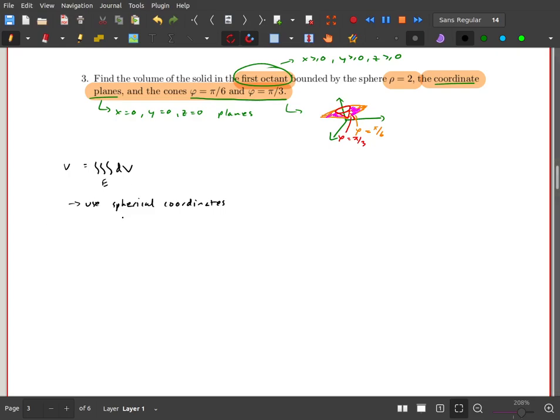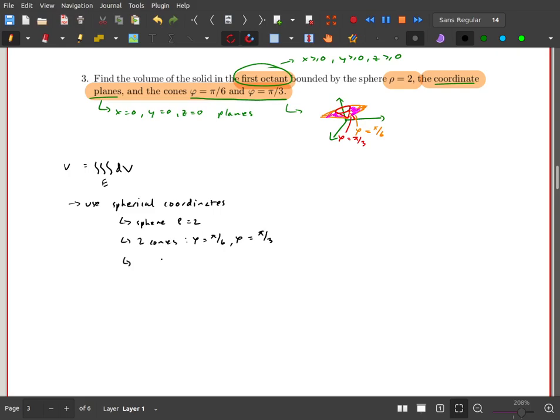So what information do we have? I'm just going to summarize down here. We have a sphere of rho equals 2. We have 2 cones, phi equals pi over 6 and phi equals pi over 3. And we've already shown what that area will correspond to.